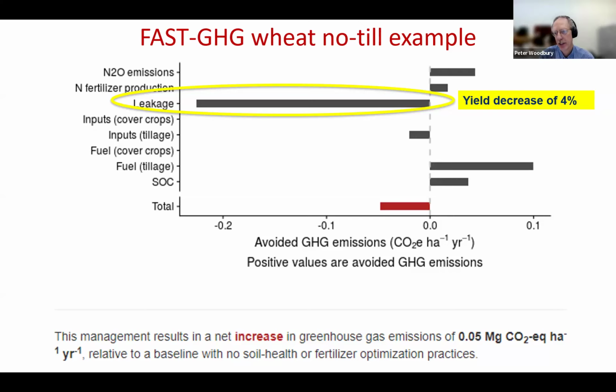And there will be greenhouse gas emissions associated with that wheat production somewhere else, the 4% of missing wheat that's needed to meet the market demand. This is a difficult thing to estimate, but these are globally traded commodities, and that's important to remember. So this is creating a demand for wheat production somewhere else in the world. And this estimate is based on the average greenhouse gas emissions associated with that increased demand somewhere in the world.